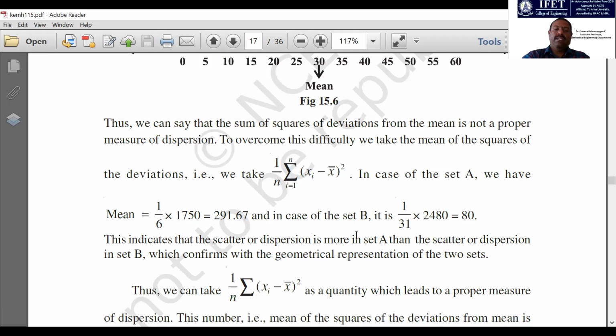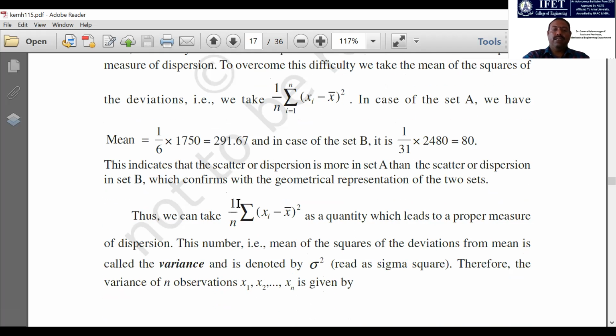So this formula, 1 by n summation of the square of deviation, where x minus x bar is the deviation and we are squaring it, is the square of deviation. This mean of the square of deviation is called variance, right? Again I am repeating, the mean of the square of the deviation is called variance.